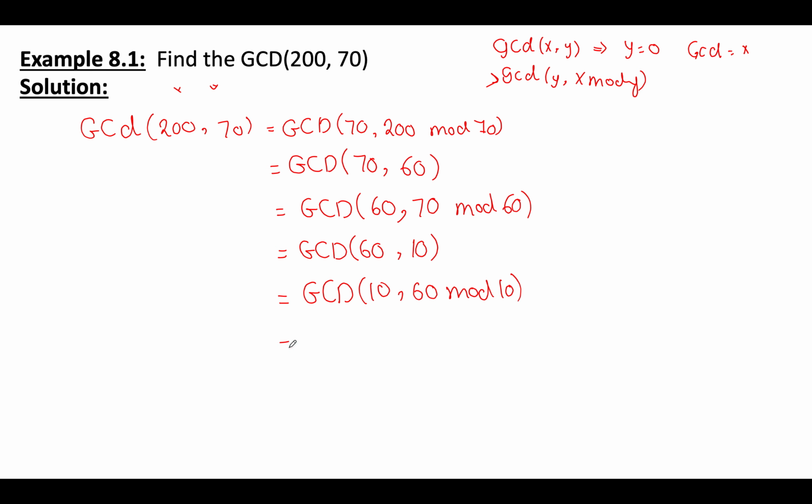All right, and this is equal to GCD of 10 and 0. If I divide 60 by 10, then I'm getting the remainder as 0 because 10 is one of the divisors of 60. Now you can see here that I reached y equal to 0.